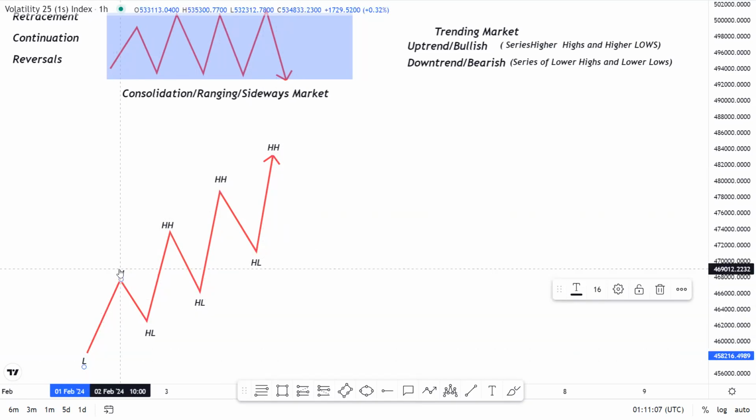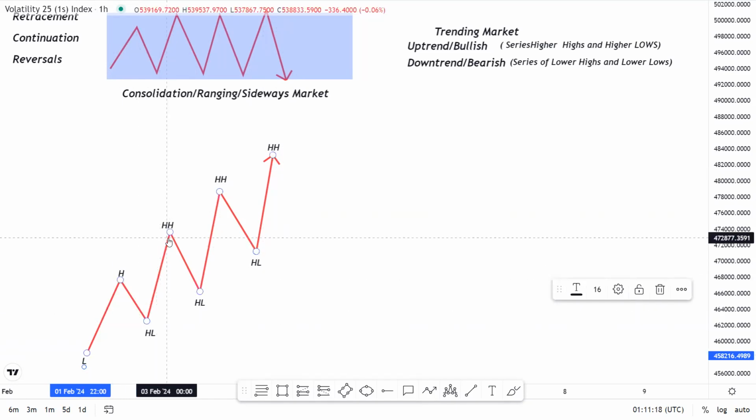We have a nice move to the upside, and then a selling movement, and price continues to trade higher than the previous high, giving us the higher high, clearly making this market structure an uptrend.